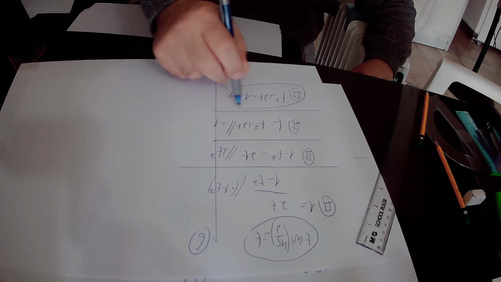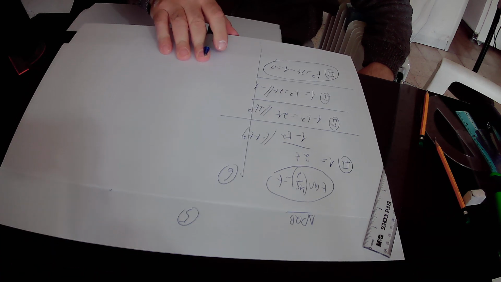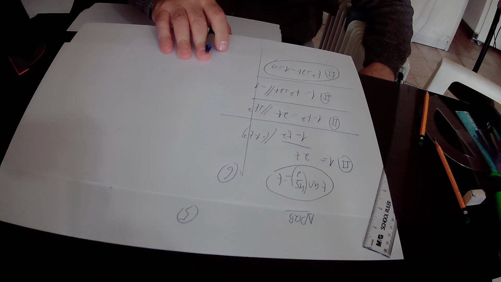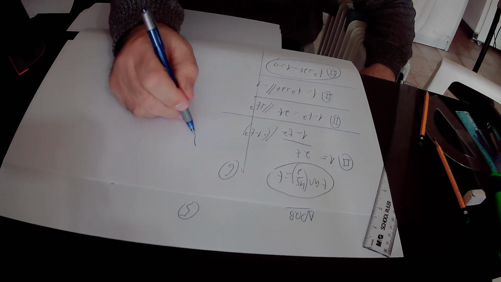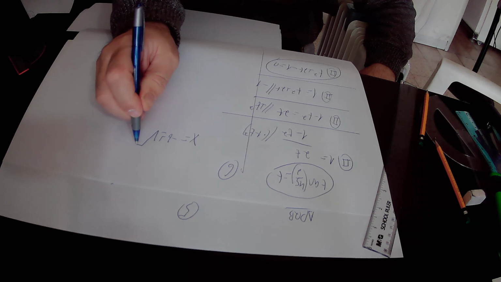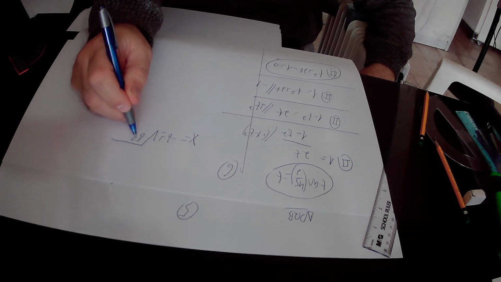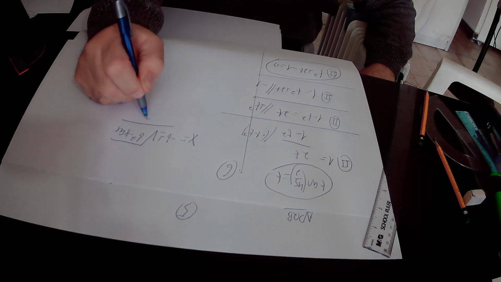So we have here a quadratic equation, and the solution for a quadratic equation is x equals to minus b plus minus square root of b squared minus 4 times a times c over 2a.